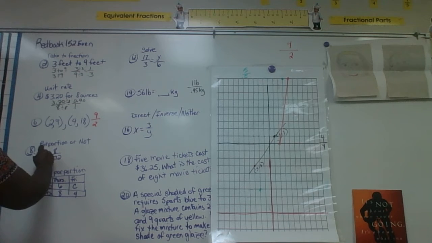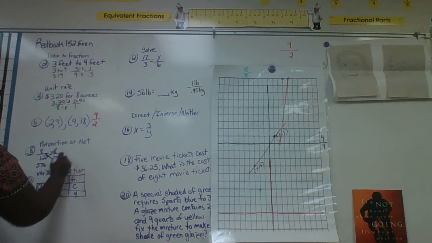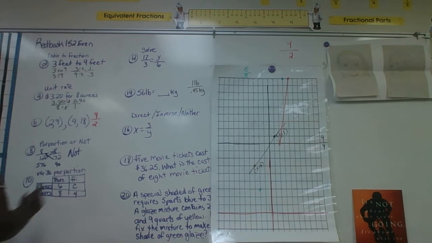If we cross multiply 72 times 8, we will discover that is 576. If we cross multiply 8 times 12, we will discover that that is not the same. That's going to give us 96. So they are not proportionate for number 8.